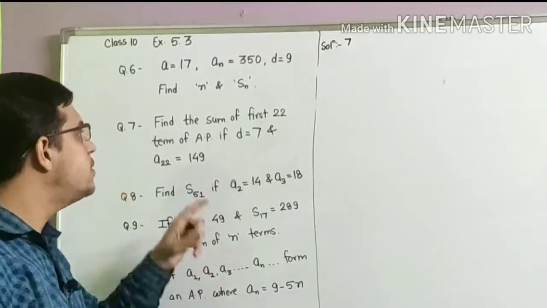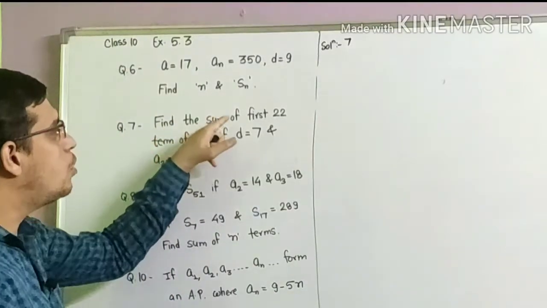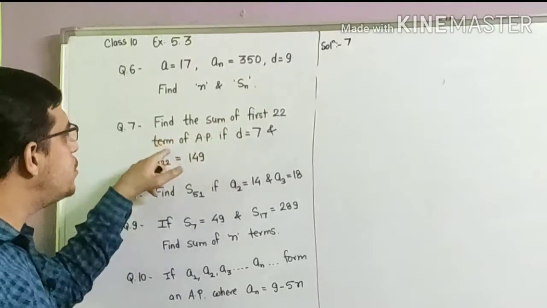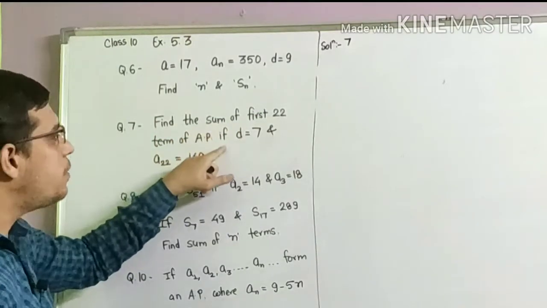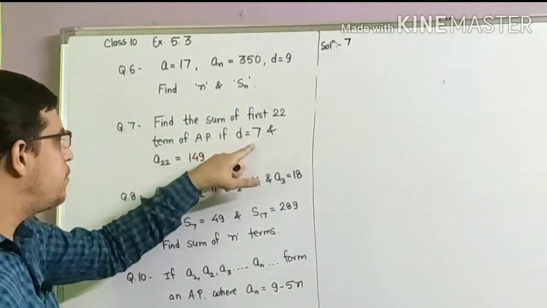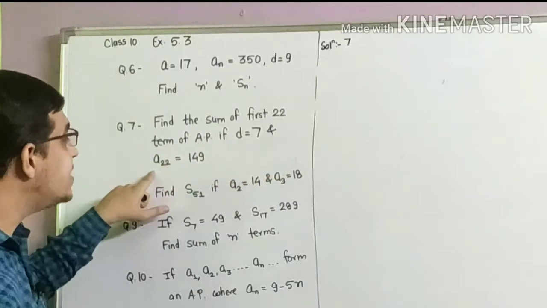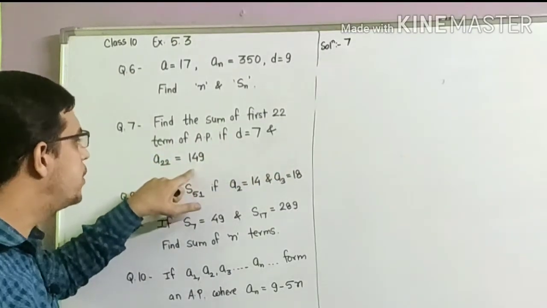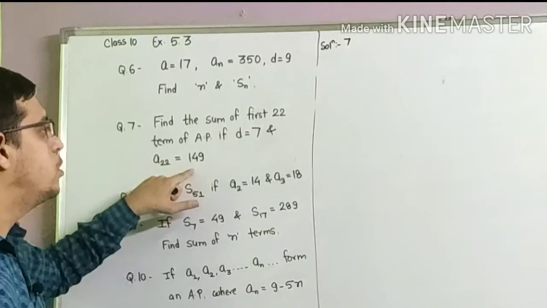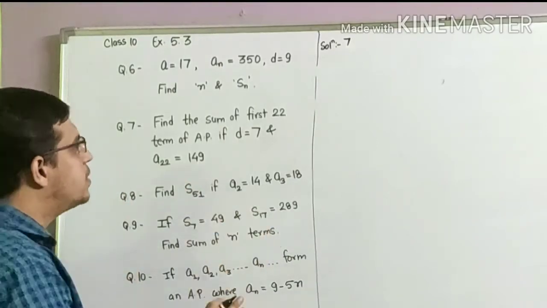The question says, find the sum of first 22 terms of AP if common difference is 7 and 22nd term is 149. Okay, so what is given?